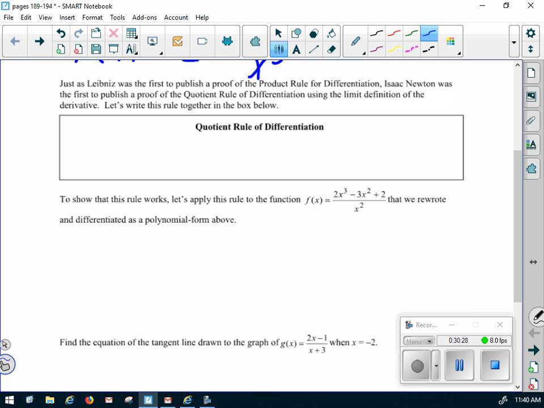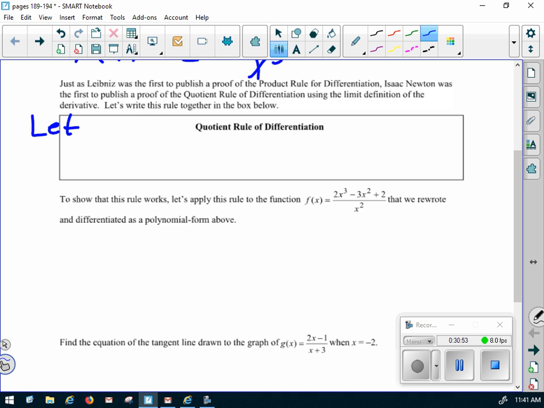Just as Leibniz was the first to publish a proof of the product rule for differentiation, Isaac Newton was the first to publish a proof of the quotient rule of differentiation using the limit definition of the derivative. We are not going to go through this limit process, okay? But we are going to write the rule together.